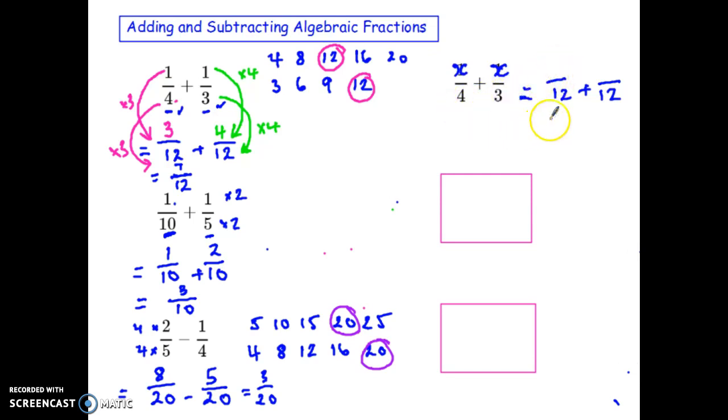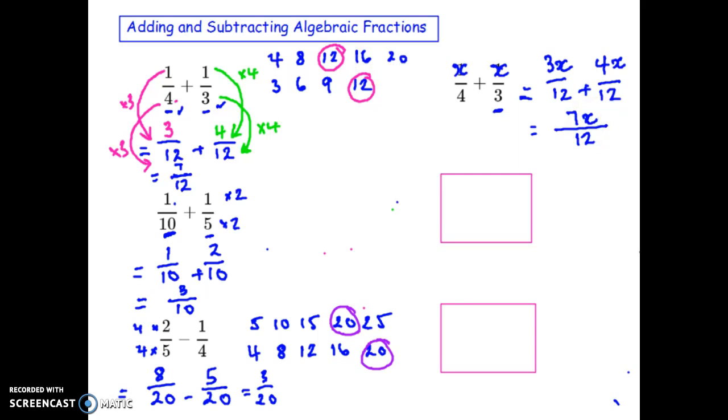My denominator got multiplied by 3, my numerator also gets multiplied by 3, so I get 3x. For my second fraction, my denominator got multiplied by 4, do the same to the top. 4 times x is 4x. Now I need to add my numerators together. Once I have a common denominator, 3x plus another 4x, altogether I have 7x.